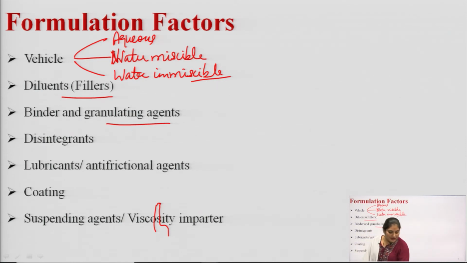These substances are usually hydrophilic polymers, like vegetable gums, for example acacia, tragacanth, or semi-synthetic gums, for example carboxymethyl cellulose or methyl cellulose, or synthetic gums can also be used. These agents provide the viscosity and help in suspending the drug particles in the medium. They prevent the settling of the drug particles in the medium.